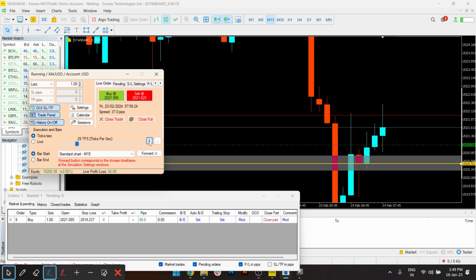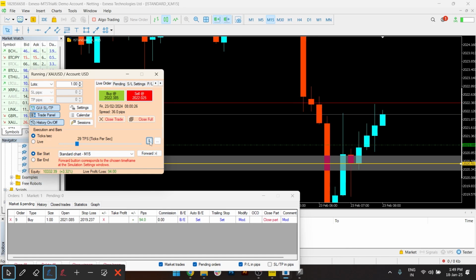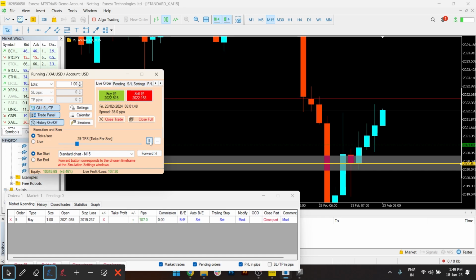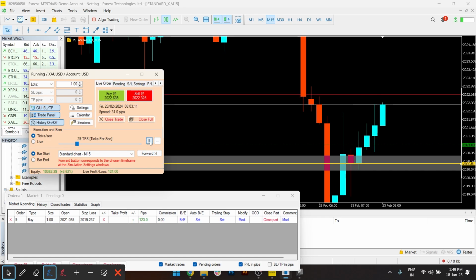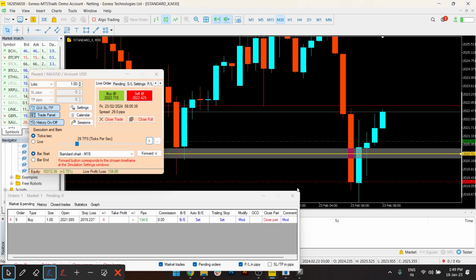The bodies are okay. 15-minute closing bullish again. I don't want to hold this trade because price is struggling a lot. Maybe I'll close partials. Okay, let me close partials here.